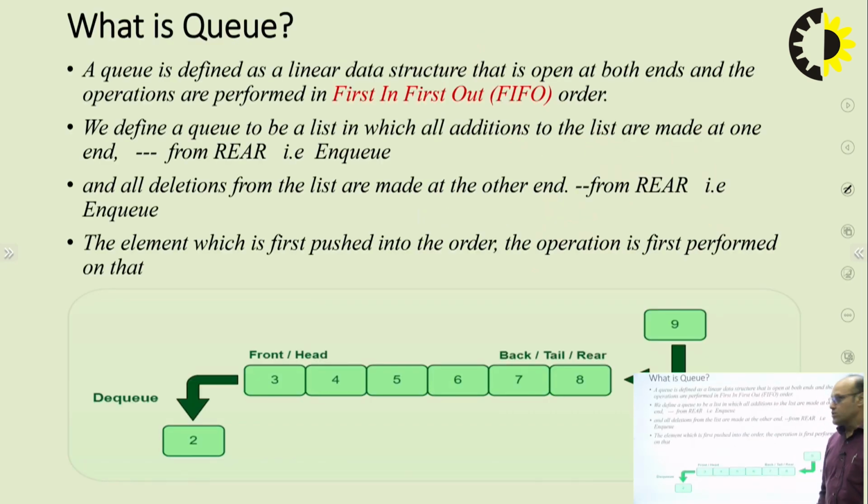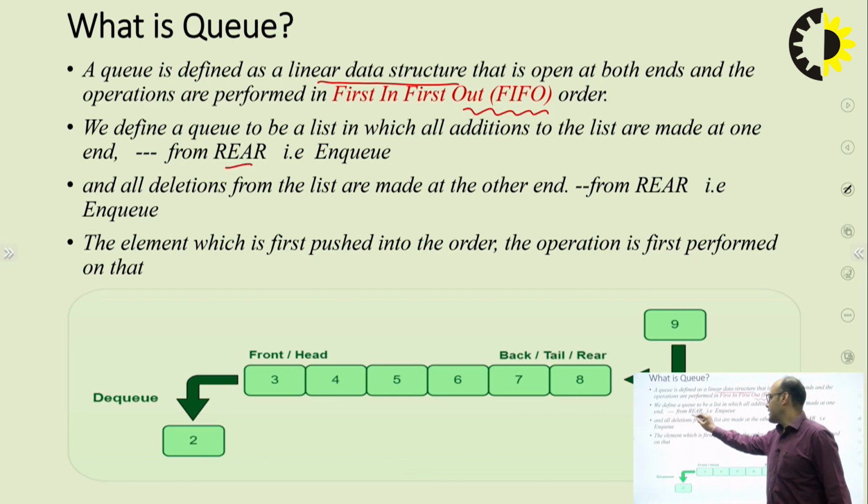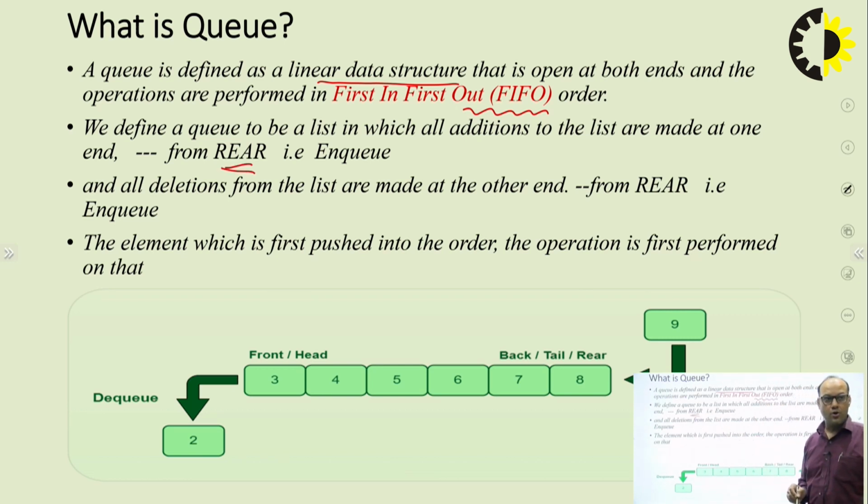So a queue is also defined as a linear data structure. Just like a stack, where operations are performed in LIFO fashion, in a queue the operations are performed in FIFO fashion: first in, first out. We will define a queue as a list. For insertion, we will take the rear end. That operation is called NQ, adding the elements.